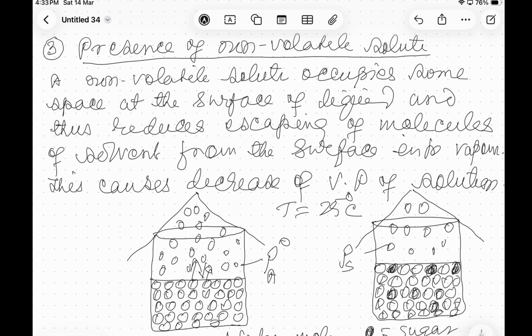So now you can understand why the vapor pressure of solution is less than the vapor pressure of pure liquid.